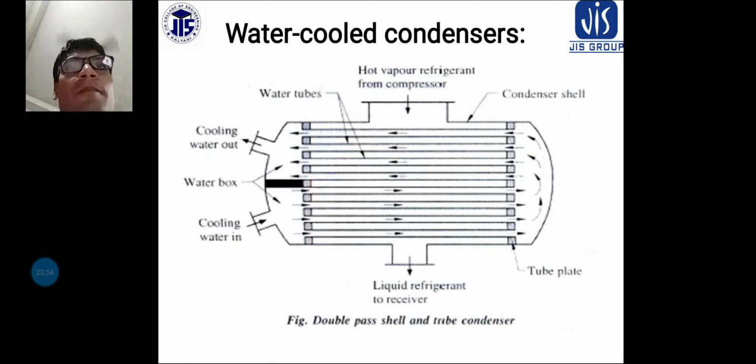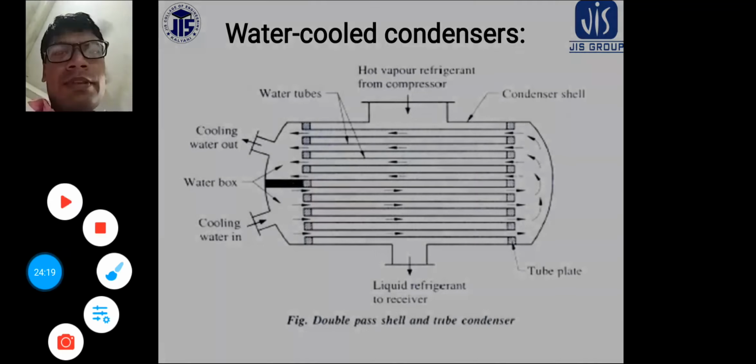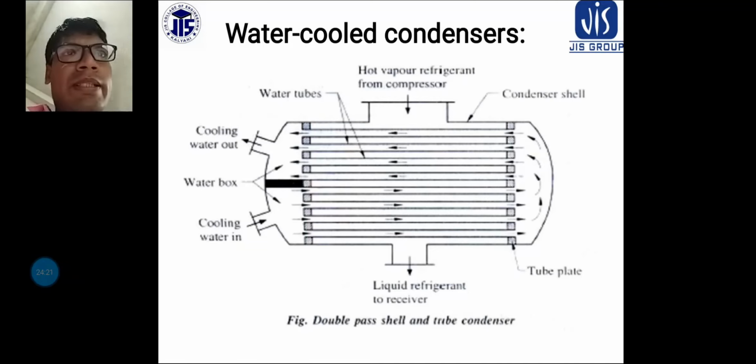Now if I am comparing the water tube and air cooled condenser, the construction in case of a water cooled condenser is complicated, but in case of an air cooled condenser, it is very simple.